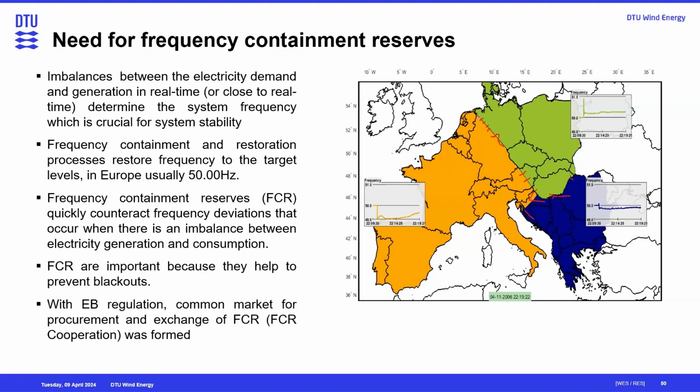But in the green region, there was a huge over frequency. The frequency went beyond 51 hertz instantly. In the orange region, there was a huge under frequency. The frequency went to 49 hertz. The blue region did not have that much impact, and the frequency was quite maintained there.